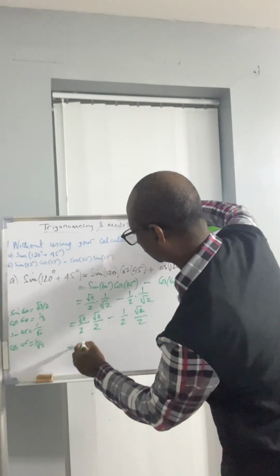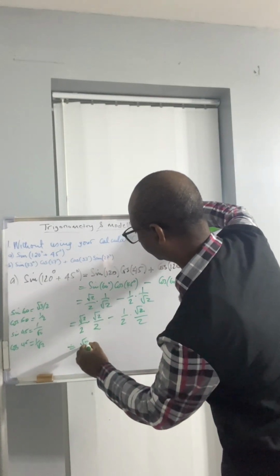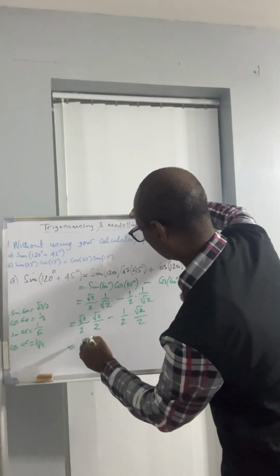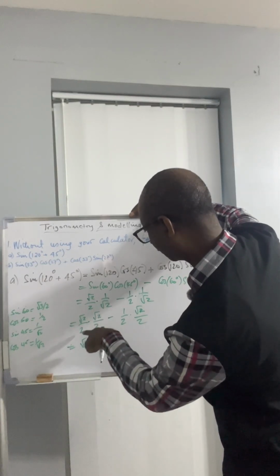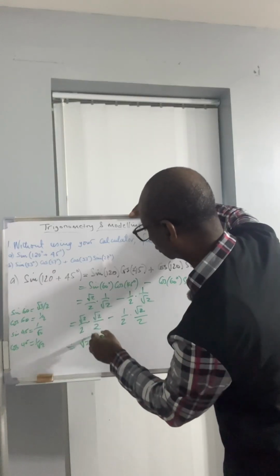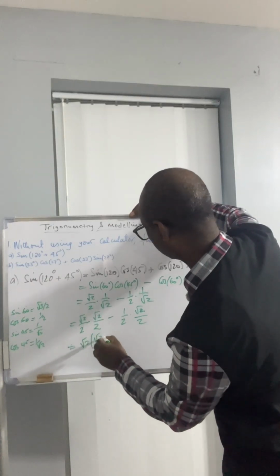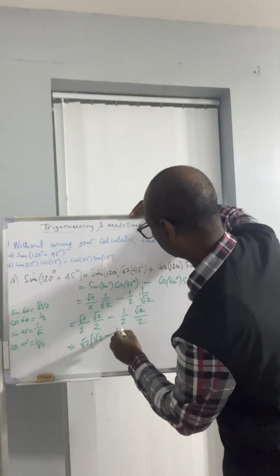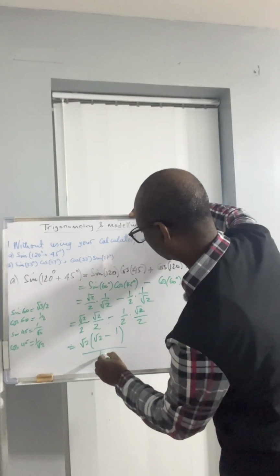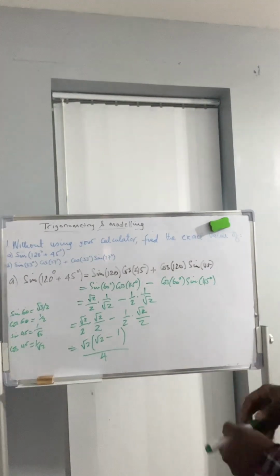So this will give us root 2, and you have 4 at the bottom. This will remain root 2 here minus 1 all over 4. So that is what you get.